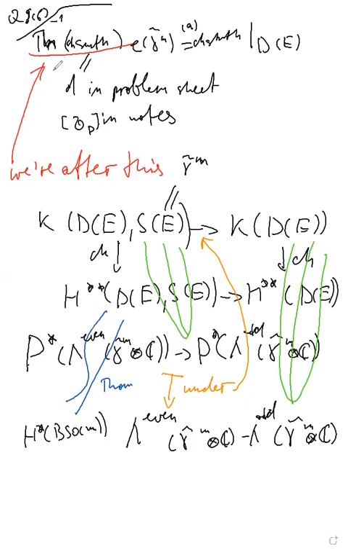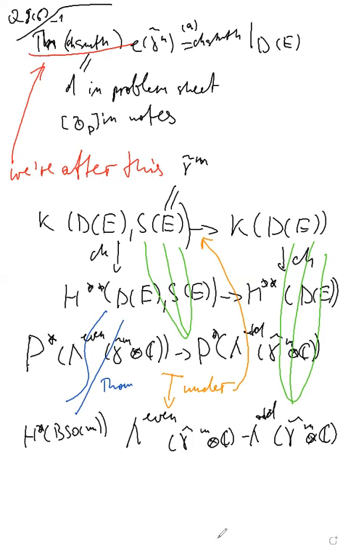Okay, so now I have the element on the right, which is underlined in red, which is what I'm after. Namely, I take this element of the K theory, apply the Chern character, and then the Thom isomorphism to the -1.